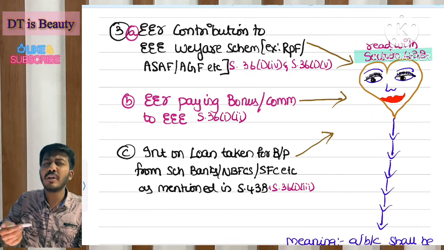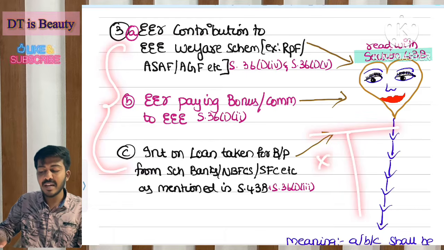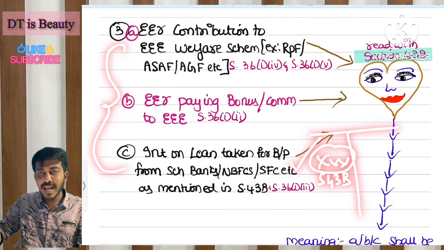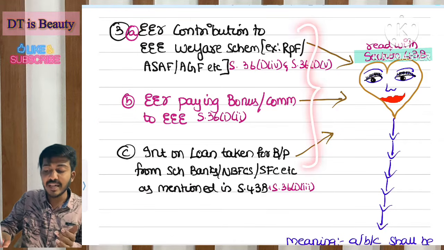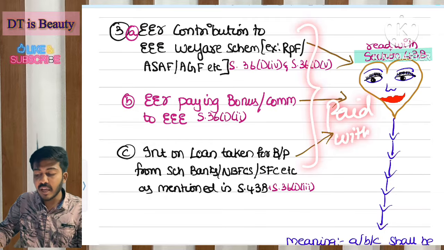So what are we trying to say? All these three things, if you find them in P&L as expense, since 43B likes them, they will be allowed as deduction. You can mark it as a tick only if these items are paid. When should it be paid? Within the income tax due dates.